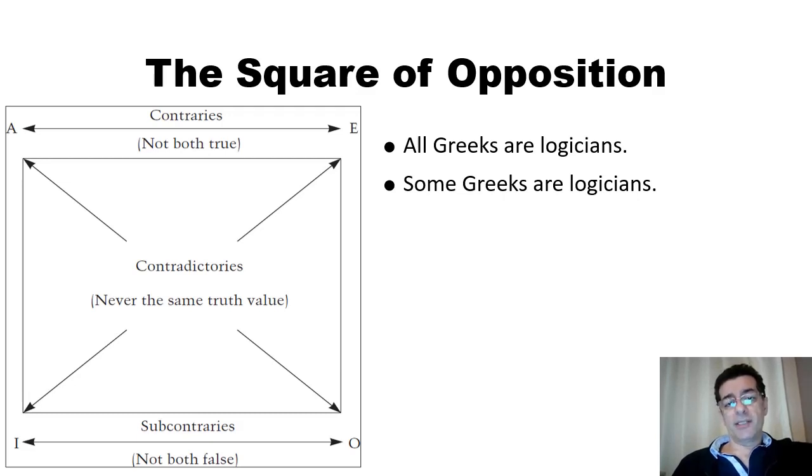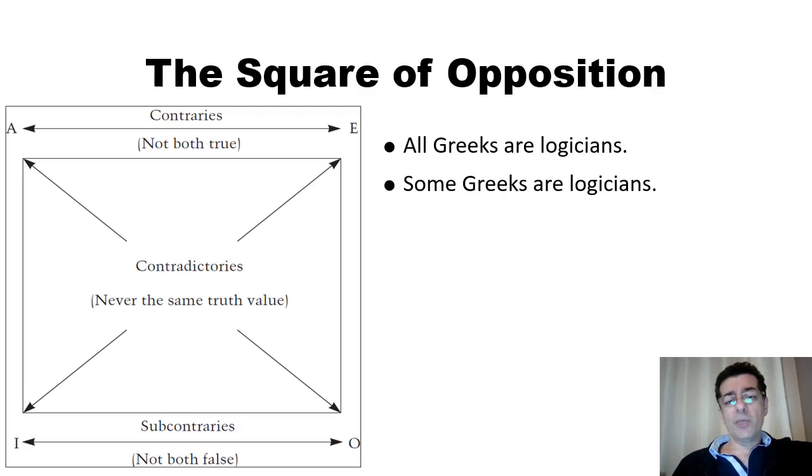Now, if I say some logicians are Greeks, what have I done? I reverse the subject term and the predicate terms. Now, does this new sentence that I made correspond to the two sentences you see in the slide? No. Why not? Because the subject and predicate terms are in different positions.